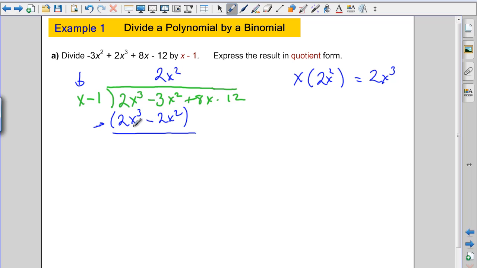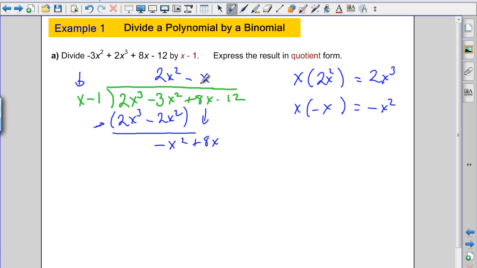This is subtract, but we do have to be careful a little bit with our brackets here. So the 2x cubed minus 2x cubed disappears. Negative 3x squared minus a negative 2x squared is a positive. So that simplifies to become negative x squared. We continue by bringing down the next term and repeat. X multiplied by what is going to be equal to negative x squared, and that's negative x.